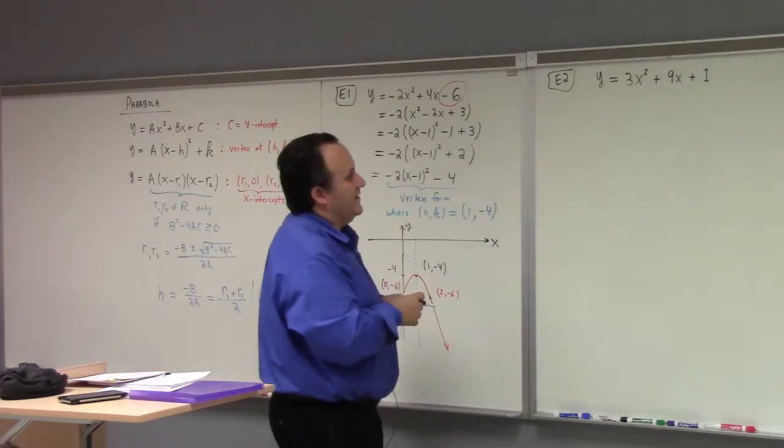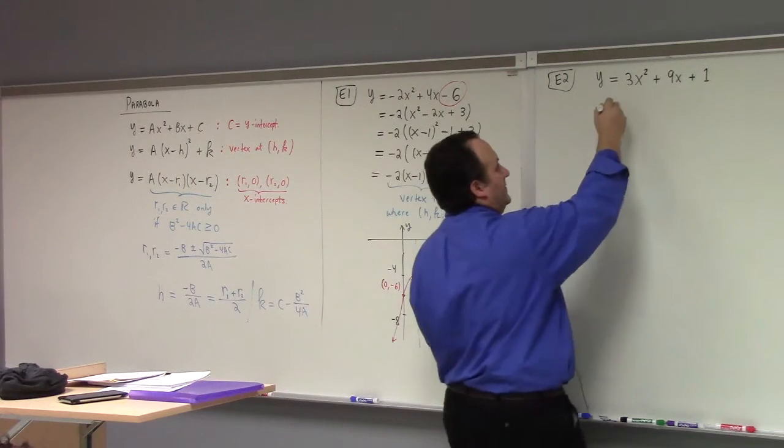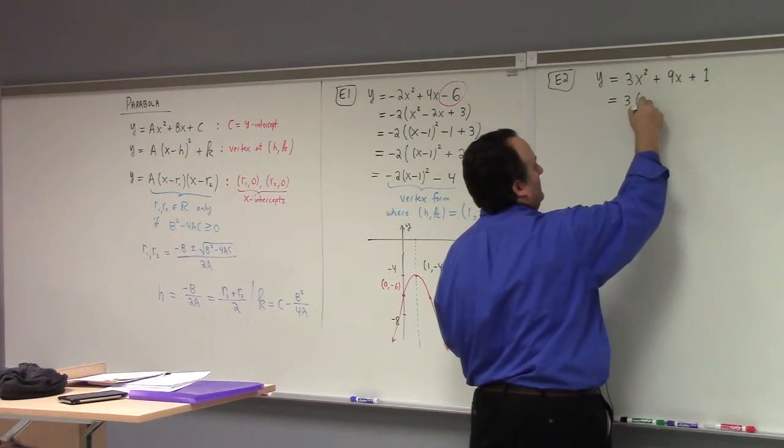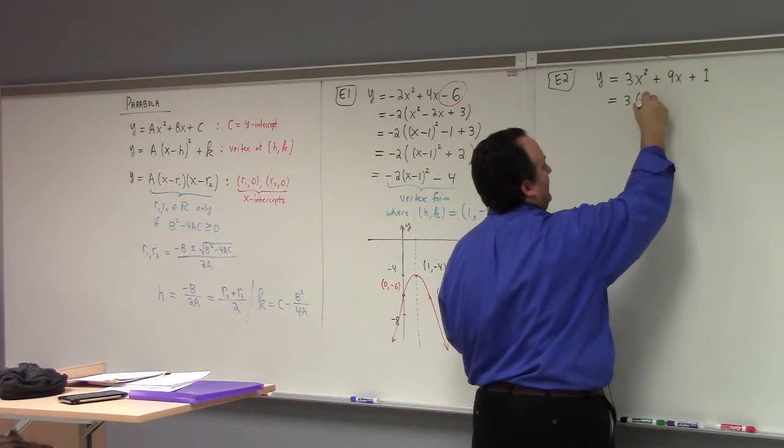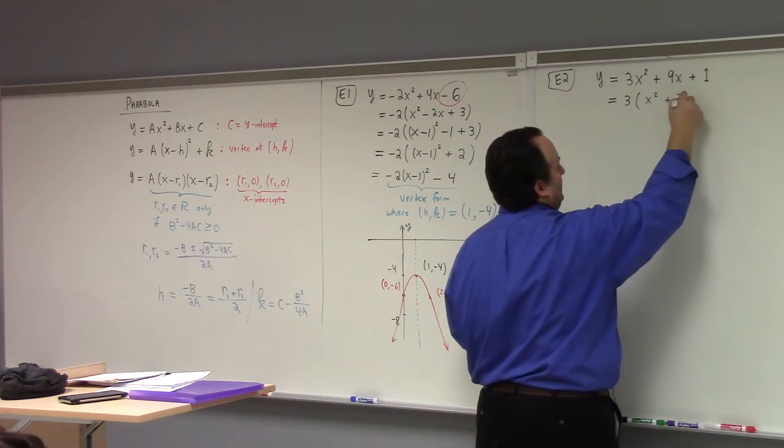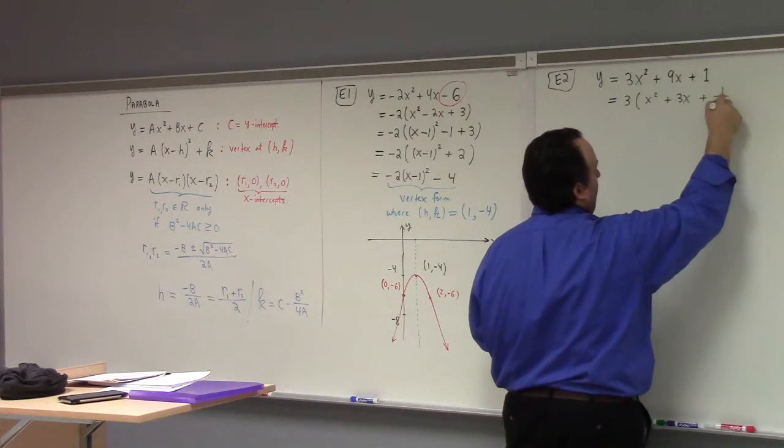All right, so to graph this, I got to factor 3 out. Yep, so I factor 3 out. That gives me x² plus 3x plus 1/3, yeah?